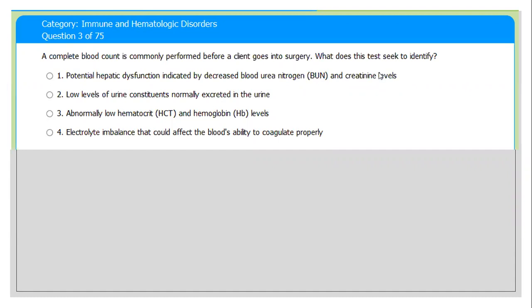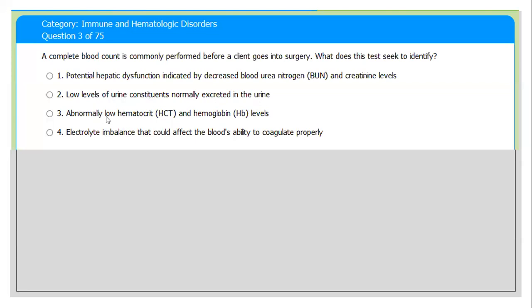Creatinine level is supposed to be altered and increased if the patient has a kidney defect like chronic kidney disease, glomerulonephritis, or lupus nephritis. Number two, low level of urine constituents normally excreted in urine.